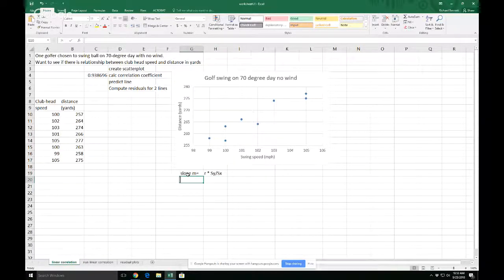And your b equals y bar minus m times x bar. All right, so we found our r here. We need to find our y bar, our x bar, our s sub y, and our s sub x. What do those all stand for?